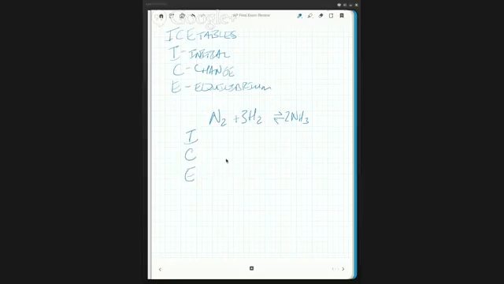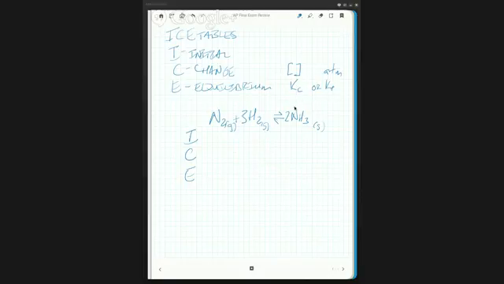A lot of times they'll say, let's say these were all gases. Gases have that funny feature that you could do this using Kc or Kp. Kp means you're doing it in atmospheres, and Kc means you're doing concentration. Those are interchangeable, basically, in the table.